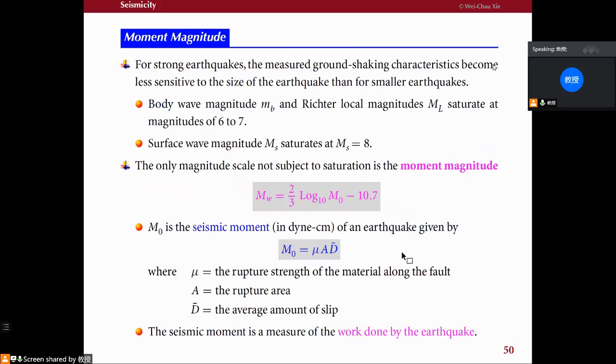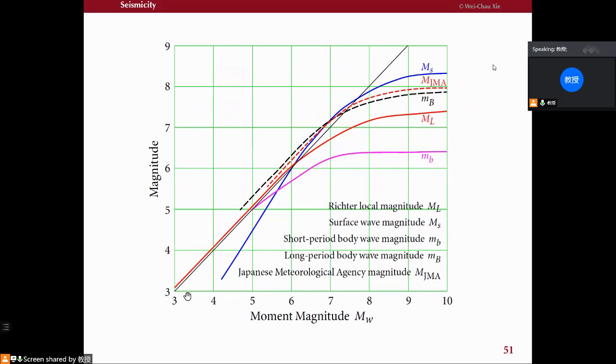So this diagram shows we have local magnitude ML, surface wave magnitude MS, short period body wave magnitude mb, and long period body wave magnitude MB, this black line, and Japanese Meteorological Agency magnitude MJMA, this dashed red line.